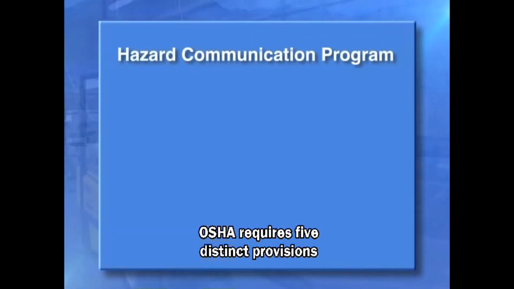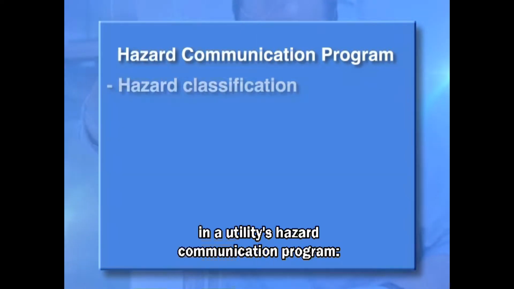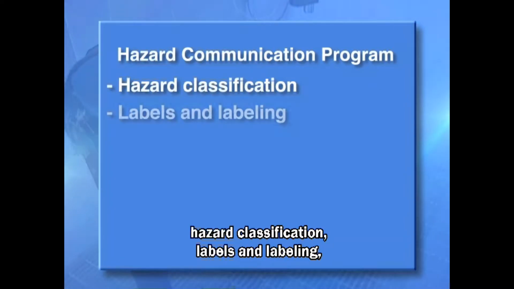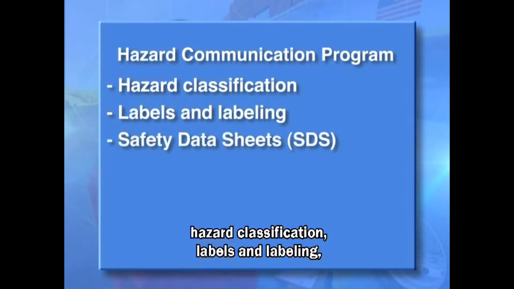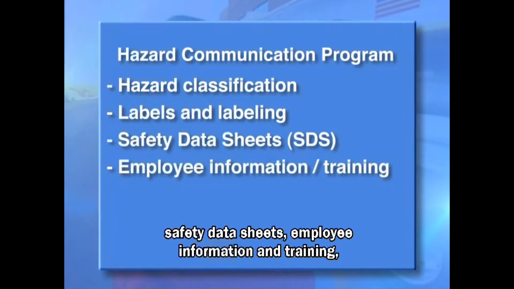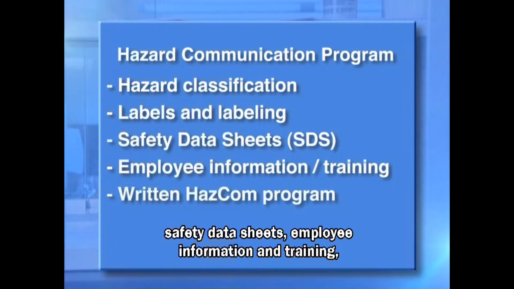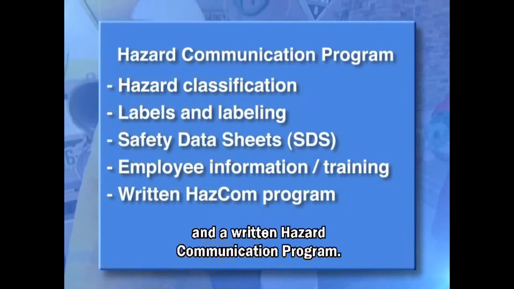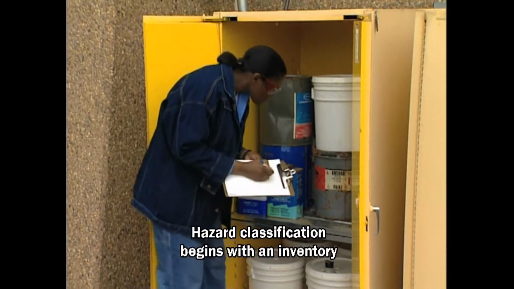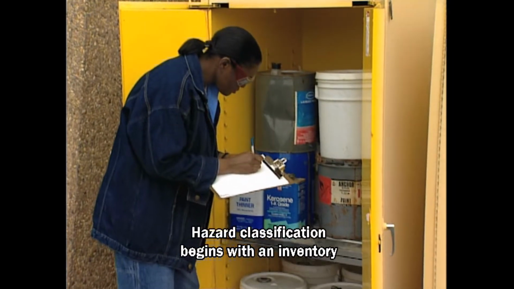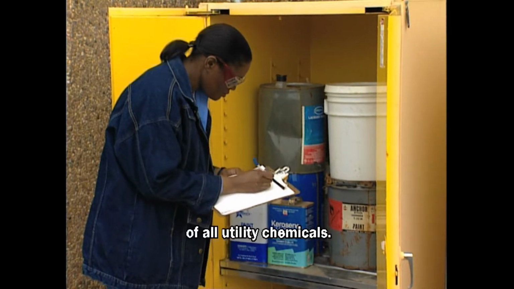OSHA requires 5 distinct provisions in a utilities hazard communication program: hazard classification, labels and labeling, safety data sheets, employee information and training, and a written hazard communication program. Hazard classification begins with an inventory of all utility chemicals.